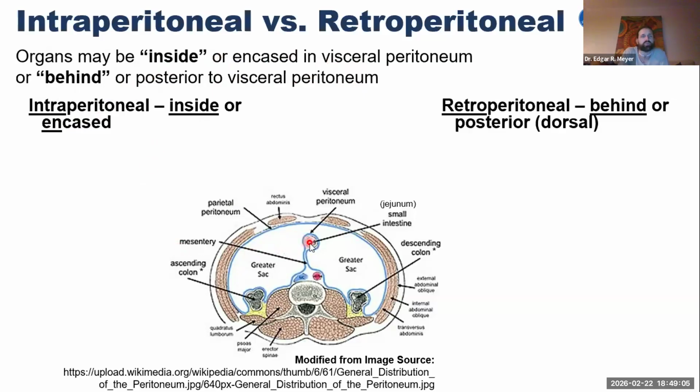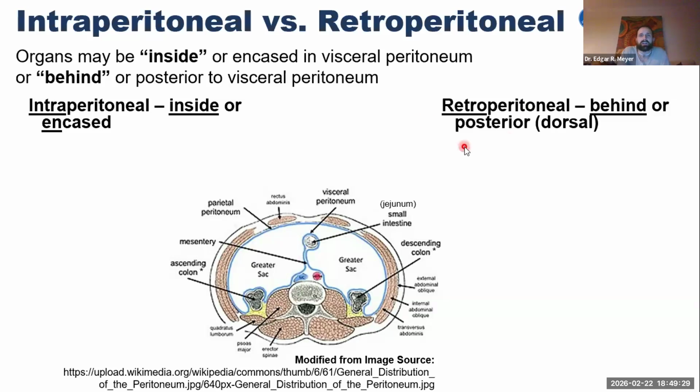So as an example, if we look at this part of the small intestine, specifically the jejunum, we can see that this visceral peritoneum, indicated by the blue line, is completely encasing the organ, hence the name intraperitoneal.